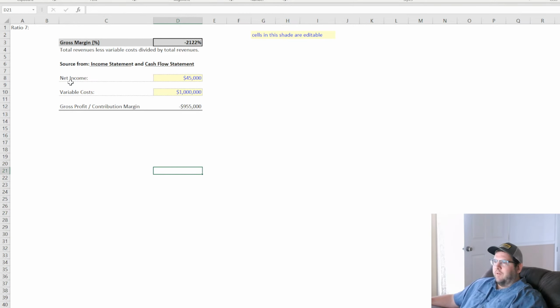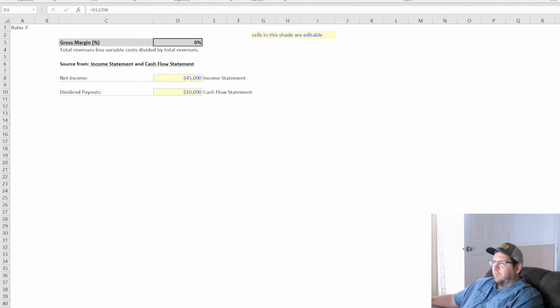There's nothing really fancy there. Income statement, cash flow statement. Let's say the dividends are 10,000 in dividend payouts.